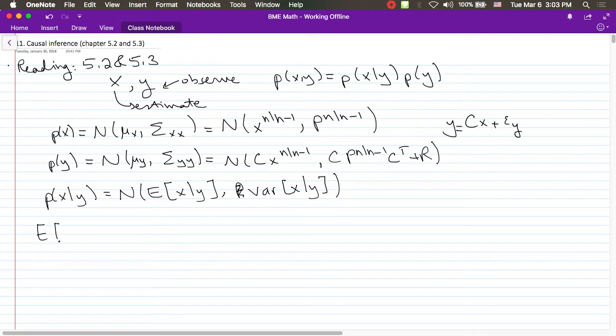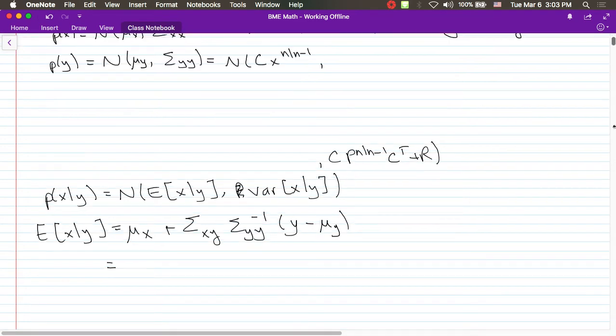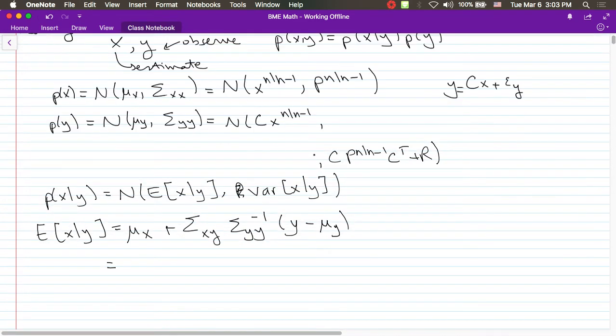So the expected value of x given y is the mean of x plus the variance of xy, variance of yy inverse, times what you observe, y, minus the mean of y, which for the system that I defined up here for you, oh my goodness, it's already nonsense.